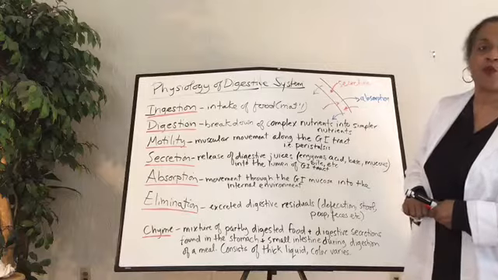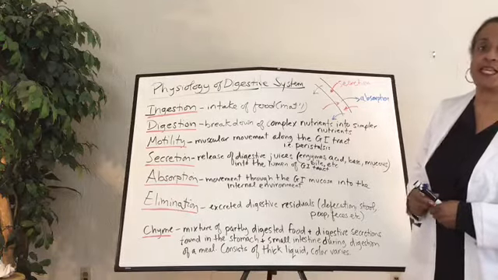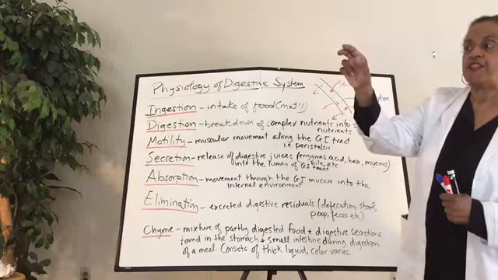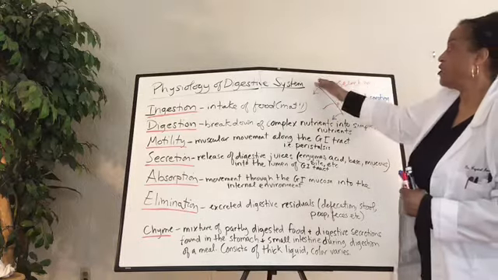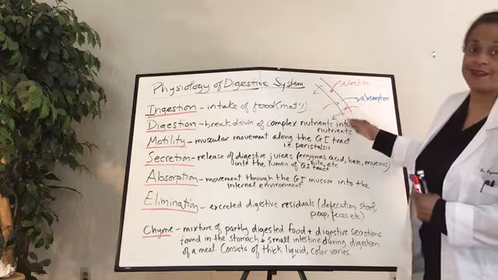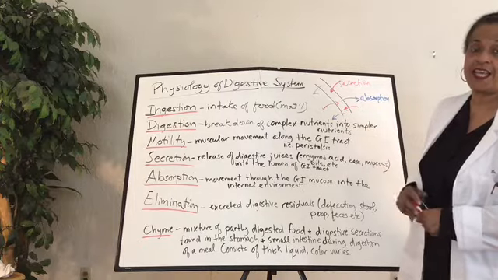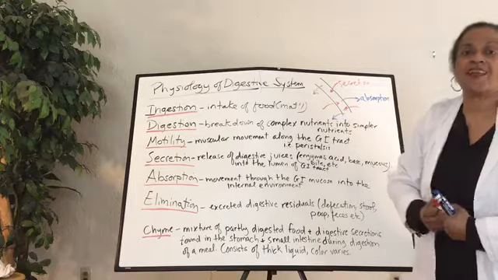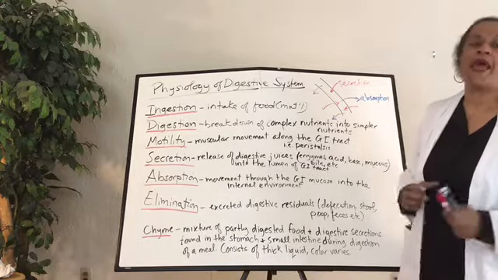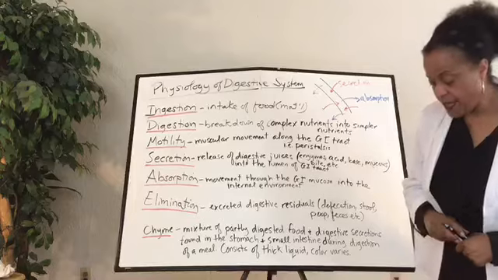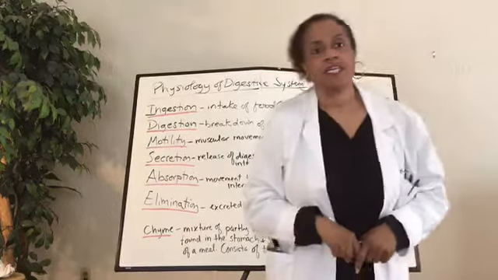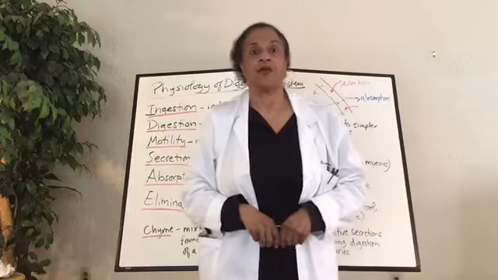So I want you to rhyme secretion with excretion, and you'll remember that whatever is being secreted is going to stay within this lumen and eventually go into the toilet as excrement. And whatever you absorb, absorption is coming out of that lumen and coming back into the body. And that will be a way for us to get the vitamins and minerals that we need to stay healthy.